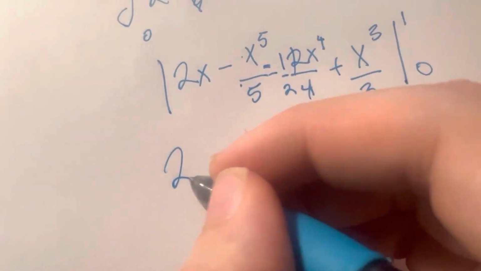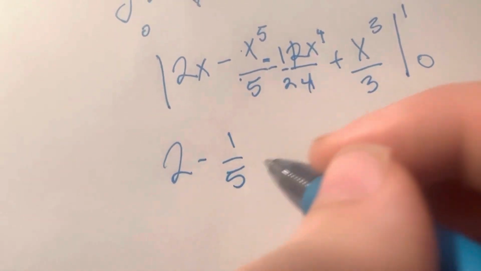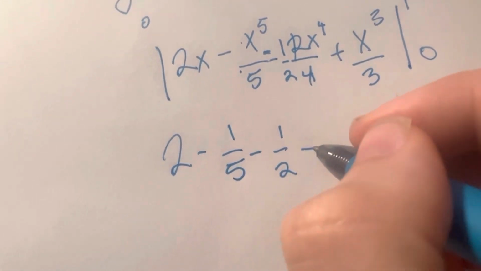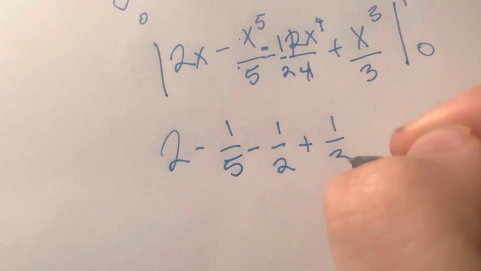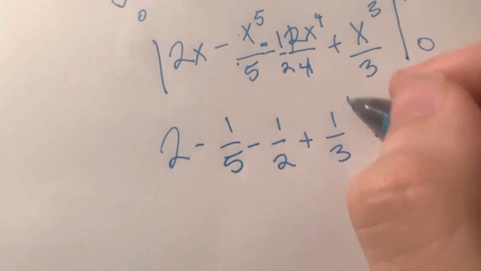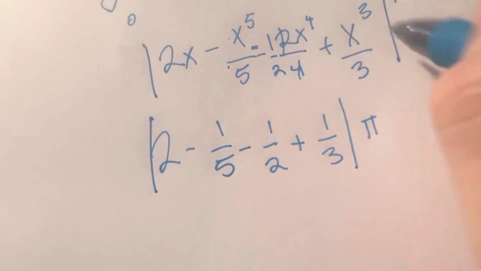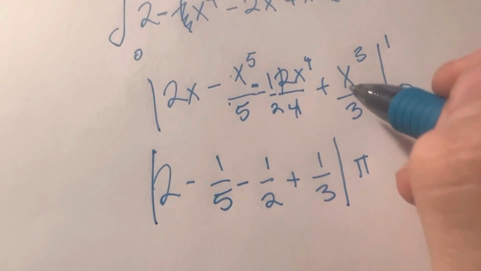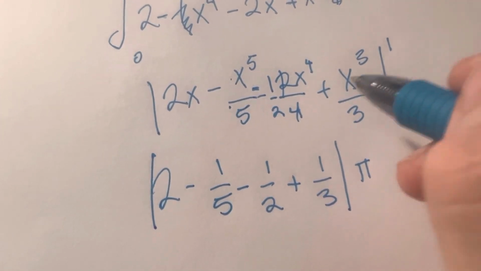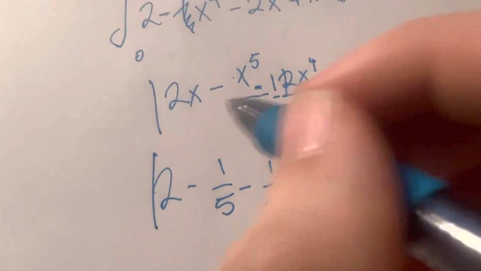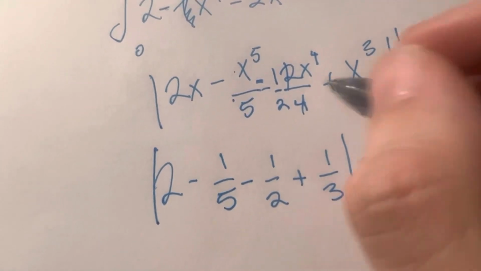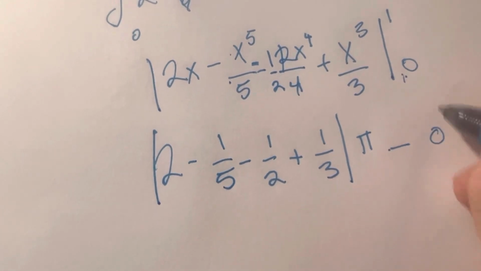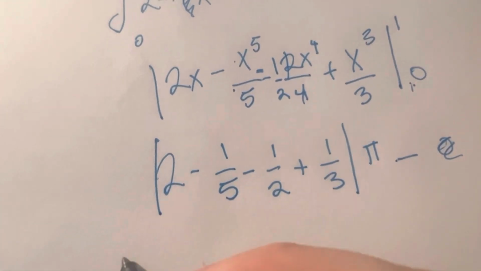So that would give us 2 minus 1/5 minus 1/2 plus 1/3, multiplied all by pi. And of course, since 0 to the third power is still 0, divided by 3 is still 0, we can disregard the lower limit, so it'd just be minus 0, and we can ignore that.